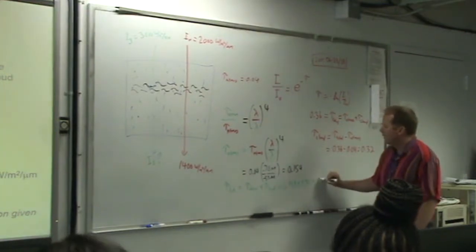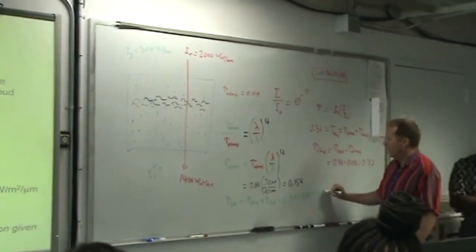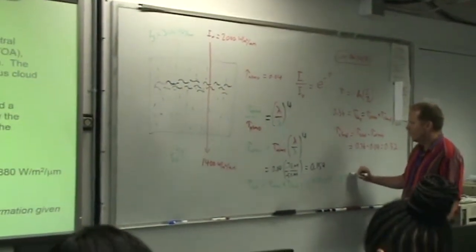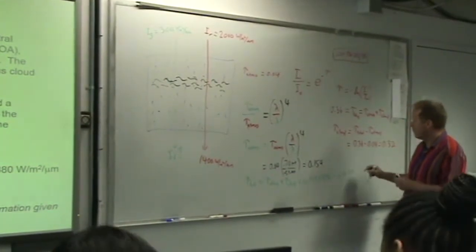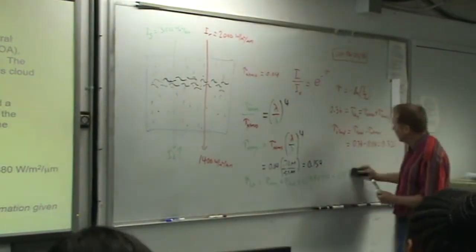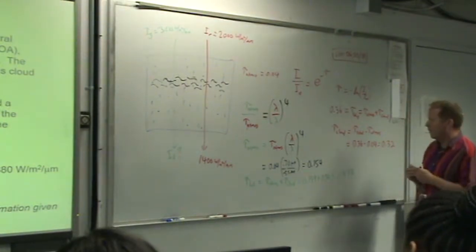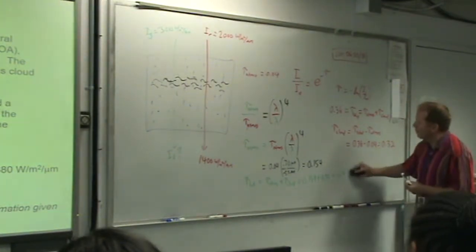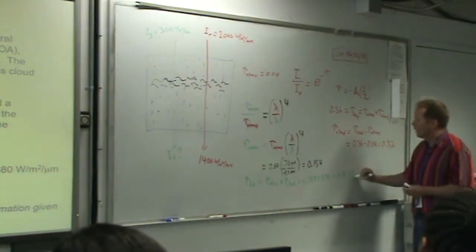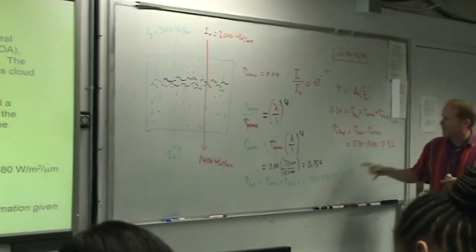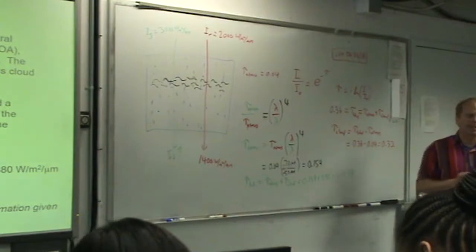So 0.474. That's the total optical depth in the green.